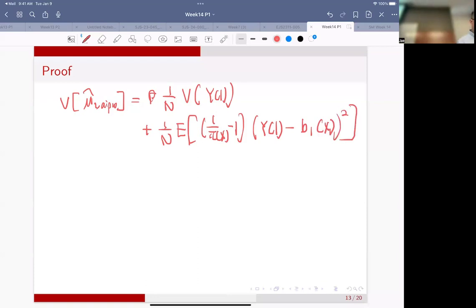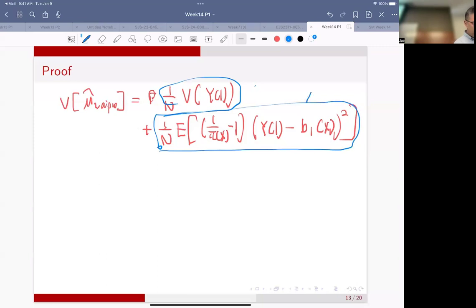And what I just said is, you don't have to worry about this first part, because it has nothing to do with b. So let's take a look at this one, and call it star.